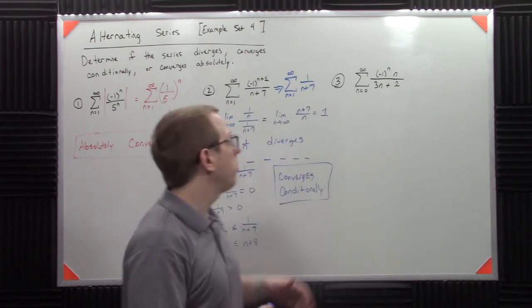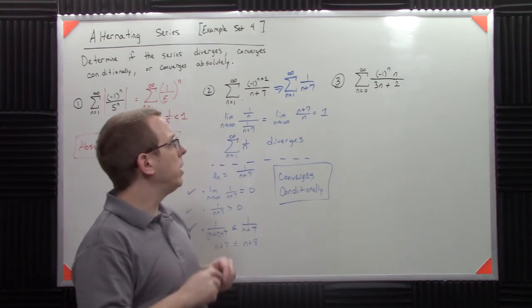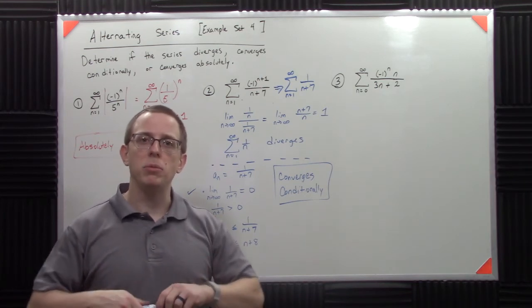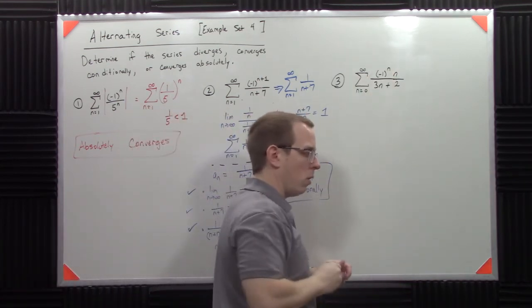All right, well, let's come over here. Let's look at this one. I have negative 1 to the n times n over 3n plus 2. So if I slap an absolute value on this, let's get a different marker.